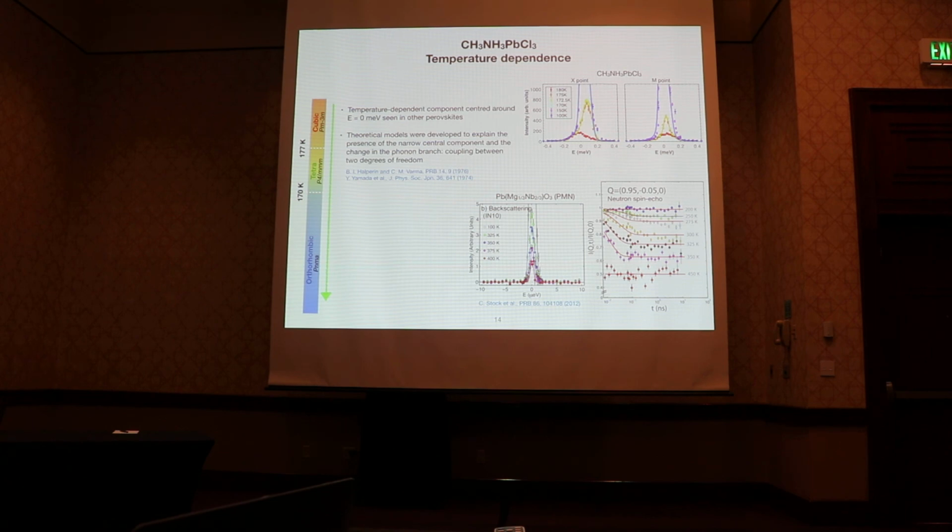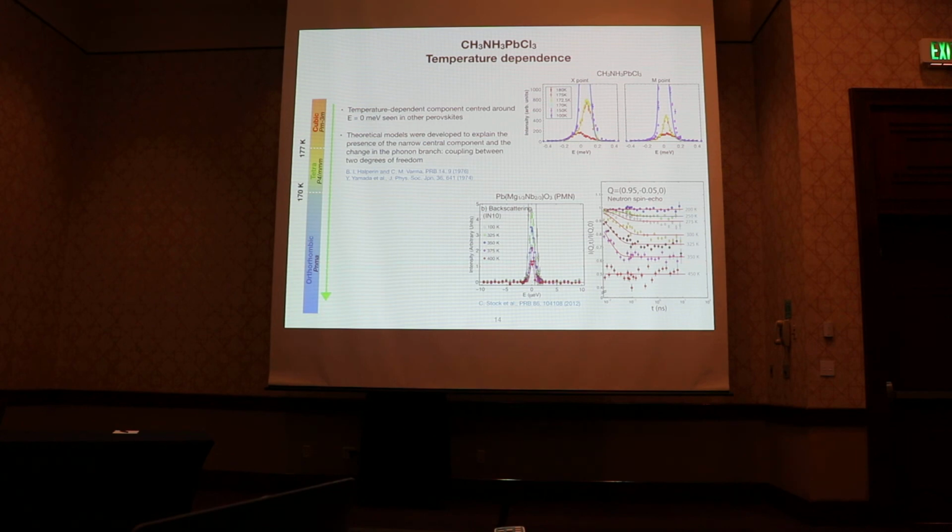It has also been shown in the relaxor ferroelectric, PMN. In this work, the dynamics associated to the diffuse scattering coming from polar nanoregions has been probed by neutron backscattering and also neutron spin echo.